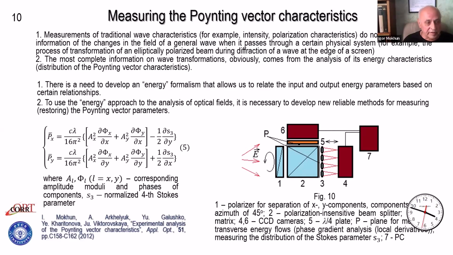A certain field is analyzed; a polarization-insensitive splitter divides the wave into channels. Measurements are performed for identical fields here and here. This polarizer selects the X and Y components, which makes it possible to analyze the corresponding intensity distribution when this quarter wave plate is absent.